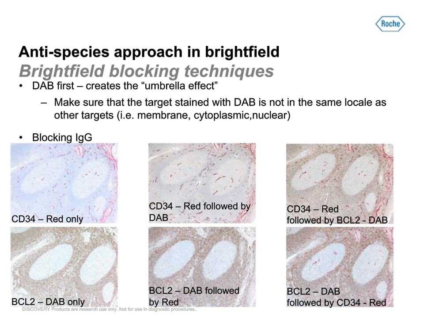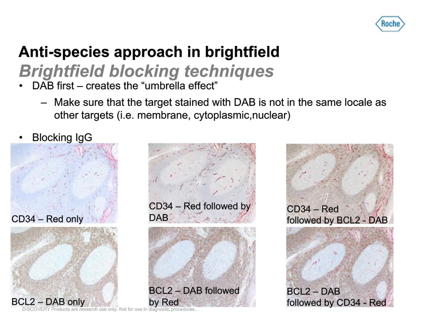So when you detect your second primary, or you just throw on your second mouse detection, so in that middle column on the top, you see the CD34 red being detected by red, and then just following it up with mouse detection. So there's no second primary. You get this brown blushiness on the tissue.